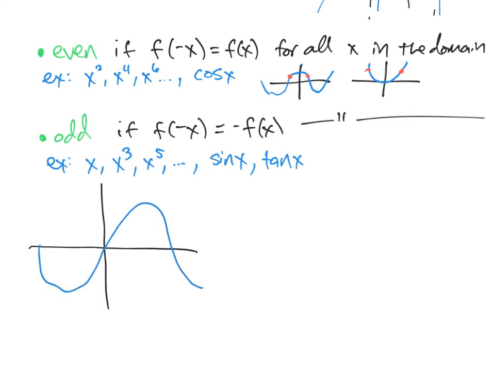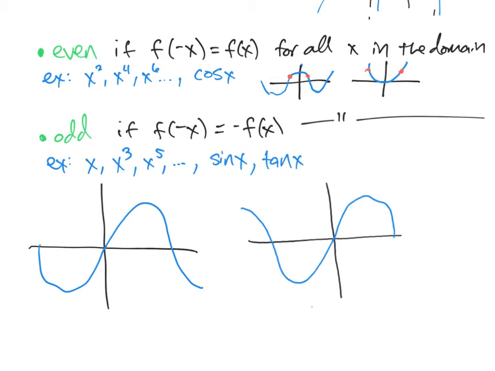And so you can imagine, if you took this whole thing, and ignoring the fact that I drew it really wobbly, you can rotate this and it'll end up looking like the same thing. So that's what symmetric about the origin means, if you've ever heard that term before.